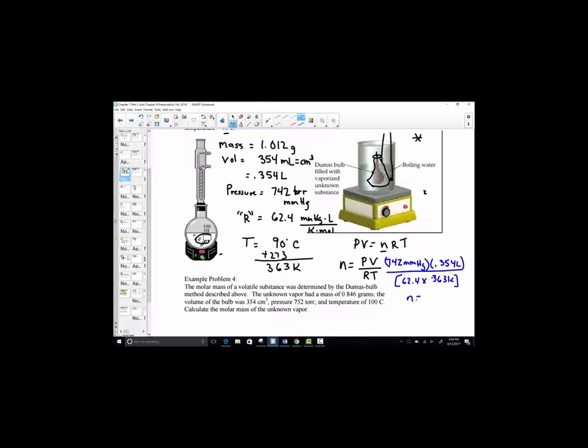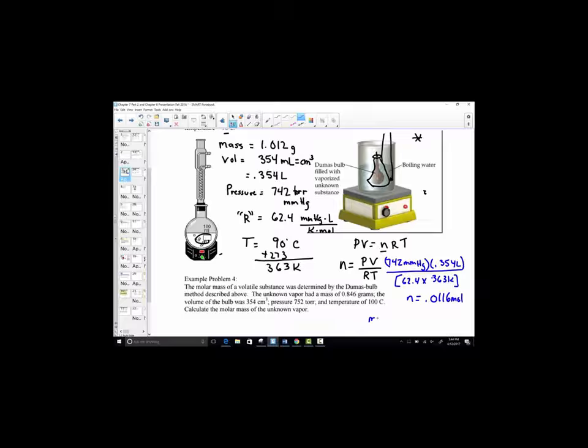Let's solve first for n, the number of moles. Follow along with me to be sure I get a common answer with you. 742 times 0.354 divided by parenthesis, product of 62.4 times 363 Kelvin units, close parenthesis, and the number of moles I found was 0.1159. Let's just round that to 0.0116 moles.